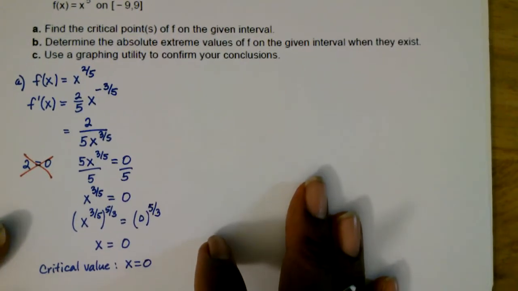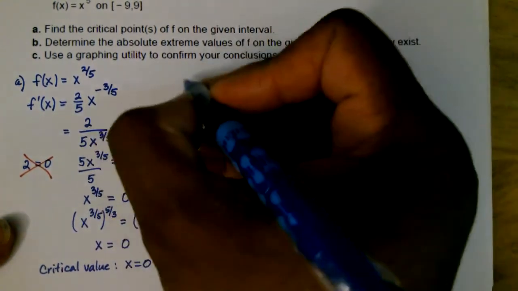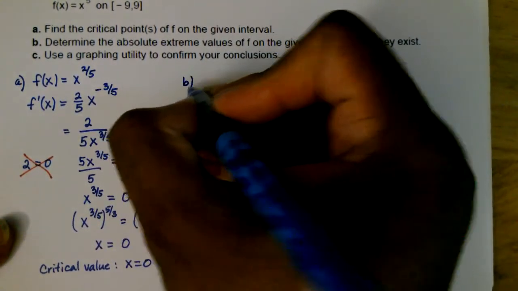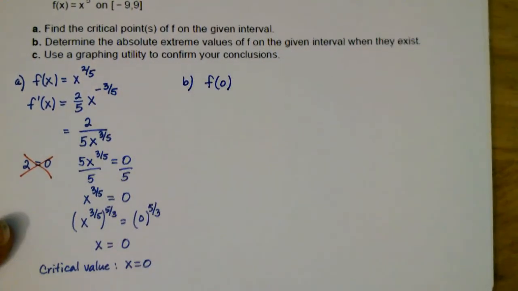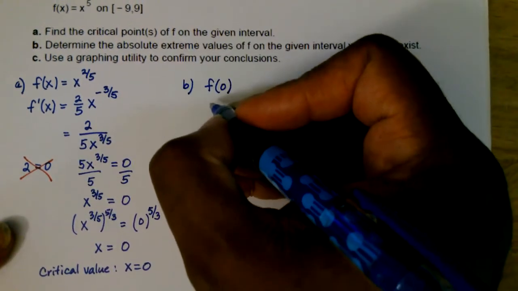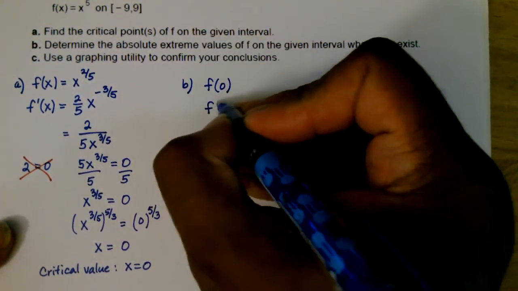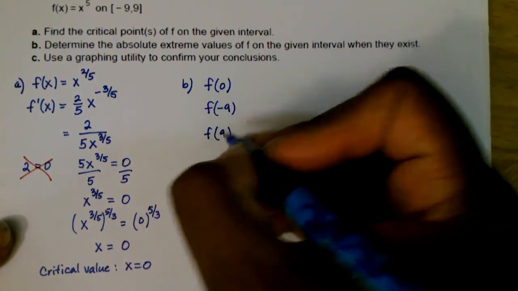And now we want to determine our absolute extreme values here. All right, so here's part B. We're going to substitute the x with 0 to find out what f of 0 is at the critical value. And then we've got -9 to 9, so we want to evaluate f of -9 and f of +9.